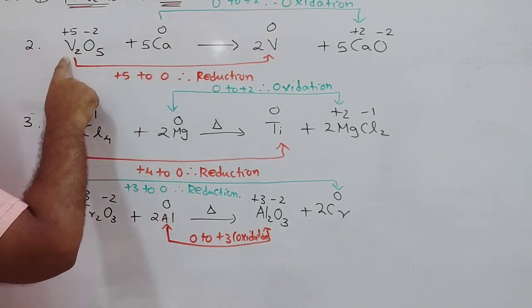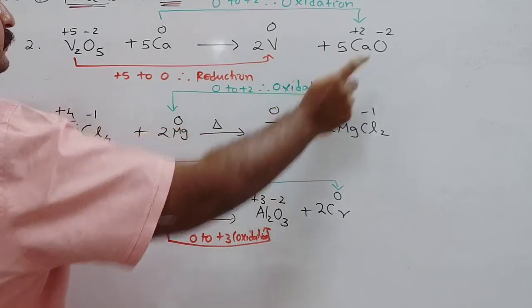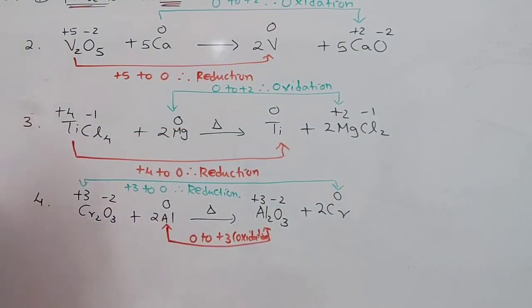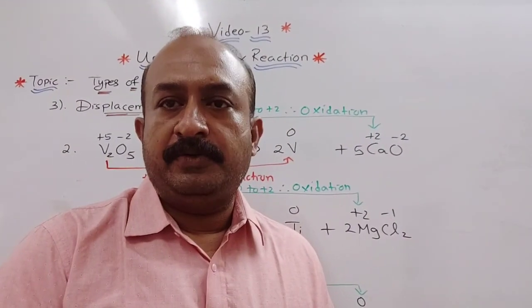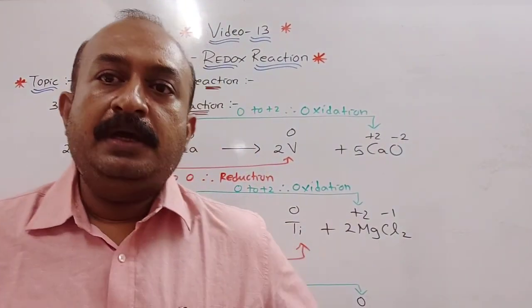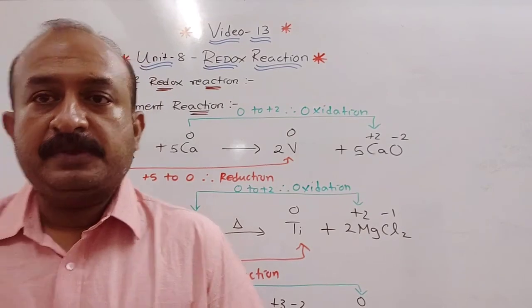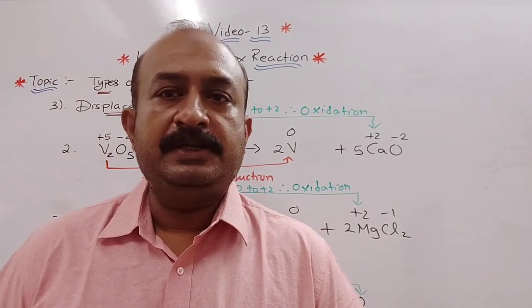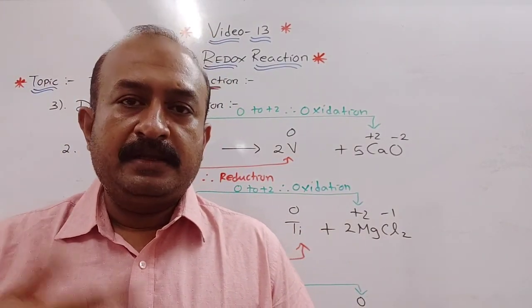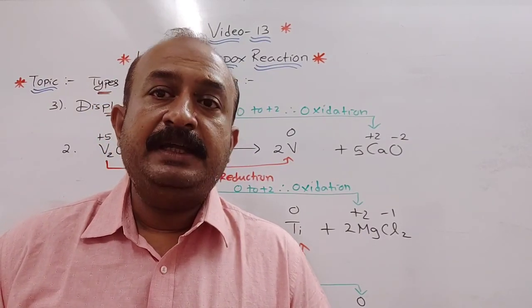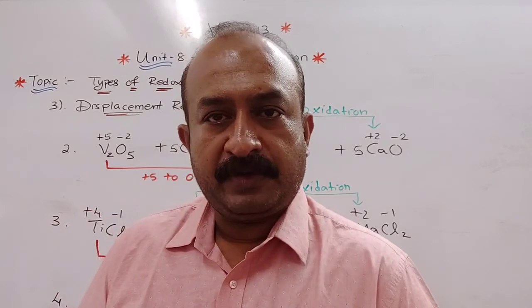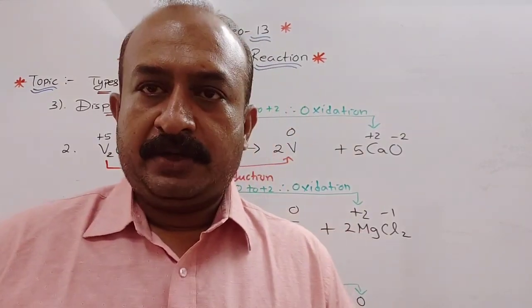Calcium is more reactive than vanadium, that's why it is replaced here. So this was all about types of redox reaction, in which we discussed displacement reaction, and the subtopic metal displacement. In another video we will be discussing non-metal displacement. Thank you very much.